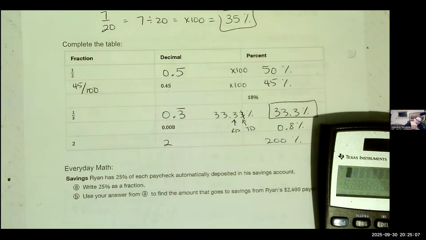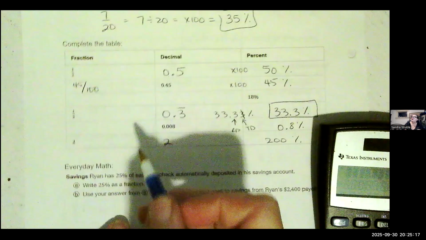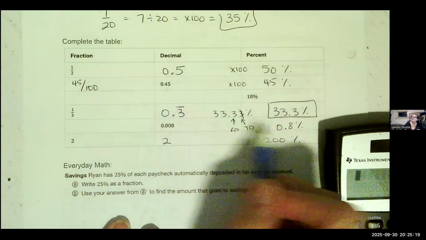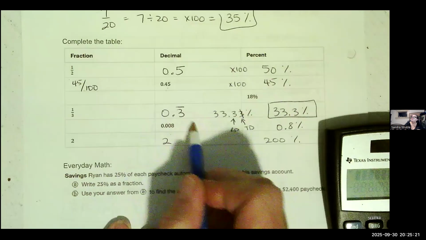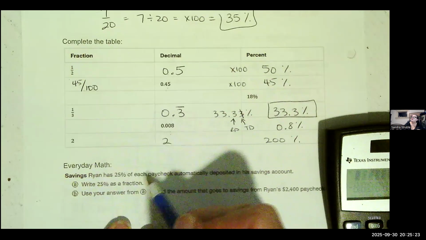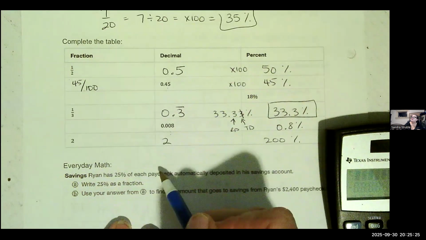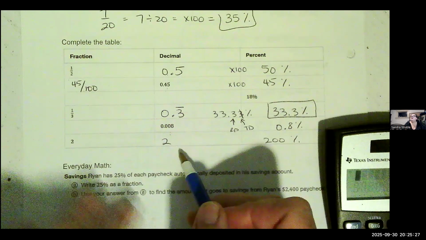This one can be very confusing. I don't think I want to do that one into a fraction. And it's not going to be anything you're going to use anyways. What's more important is that you know how to go from a decimal to a percent and a percent to a decimal for this value. We will never use fractions for this once you get to the next class. So I'm not going to cover that.